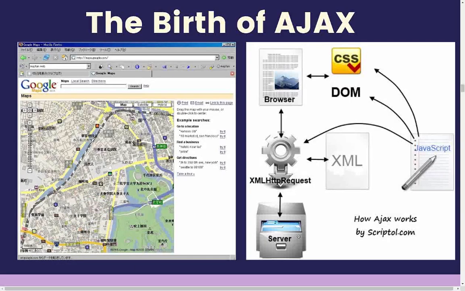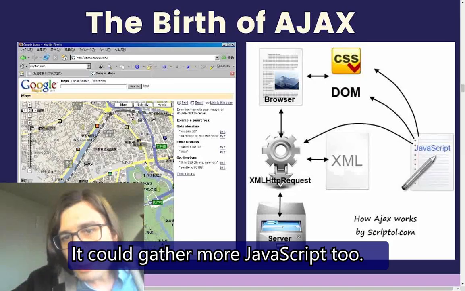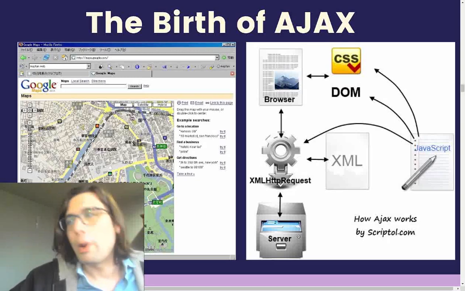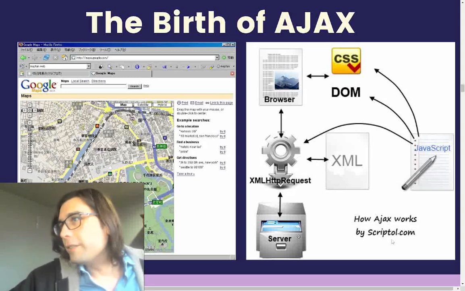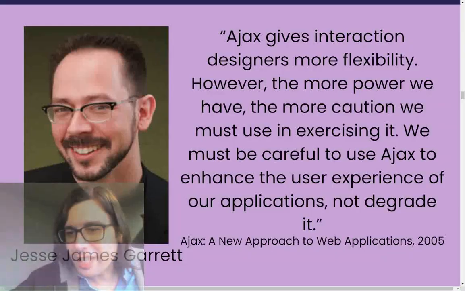And so as you clicked on these little buttons and pressed around, you would trigger these XMLHttpRequests, and it would gather more JavaScript for you. The JavaScript would trigger and then gather more things for the DOM. And so this was really cool, blew people's minds. And I'm sure you're wondering, why did they call it AJAX? Basically, this guy decided. Jesse James Garrett is his name. Let me get out of his face.